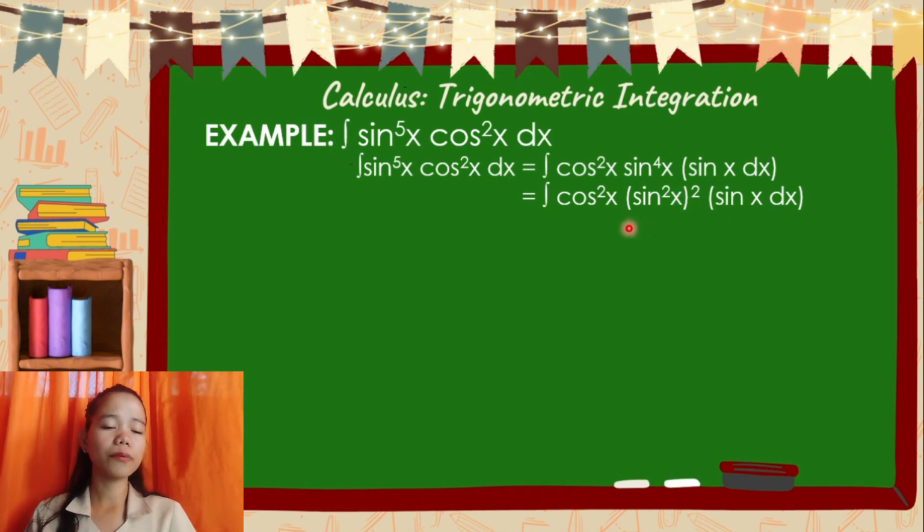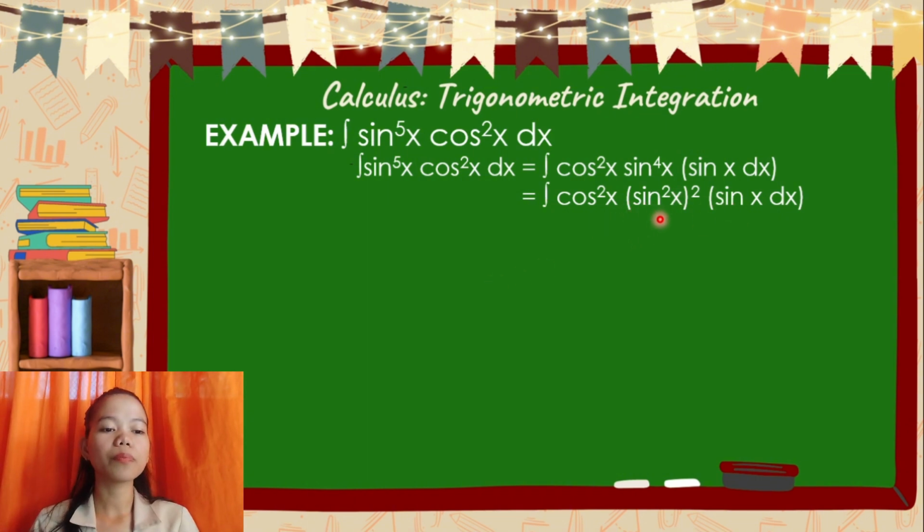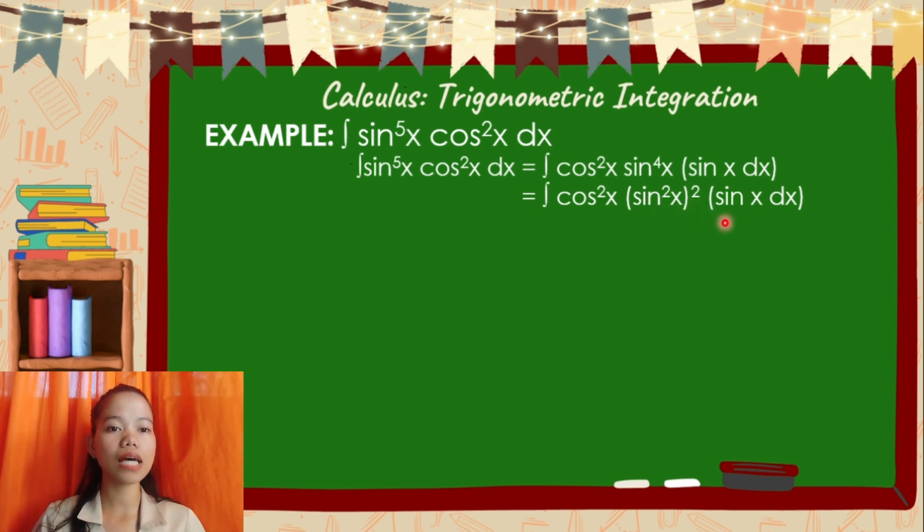So the integral will remain the cosine squared of x multiplied now to, from the sine raised to the power of 4 of x, we have now the quantity of sine squared of x raised to the power of 2 multiplied to sine x dx.